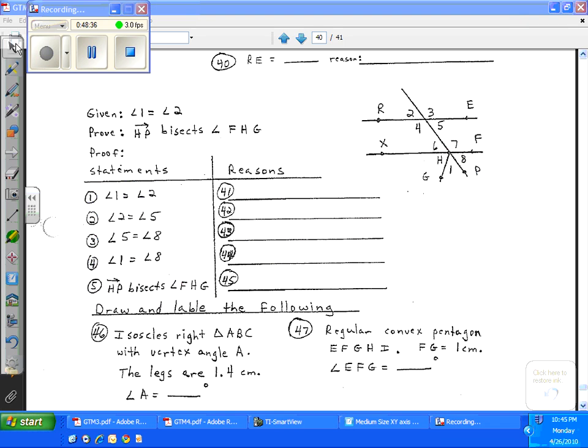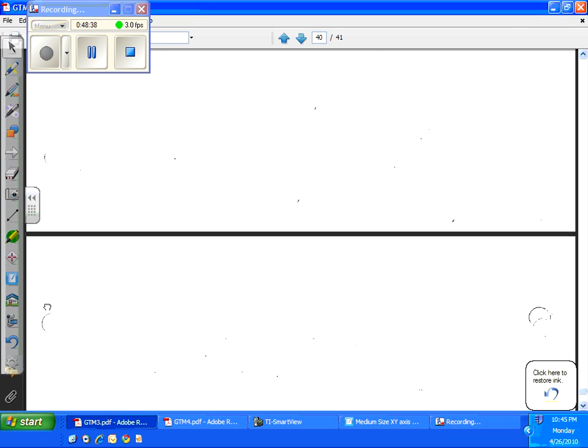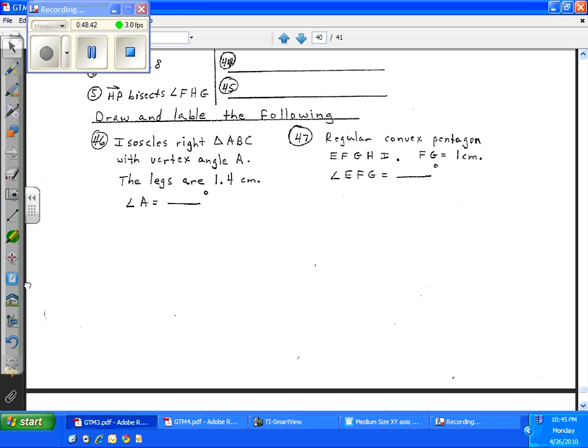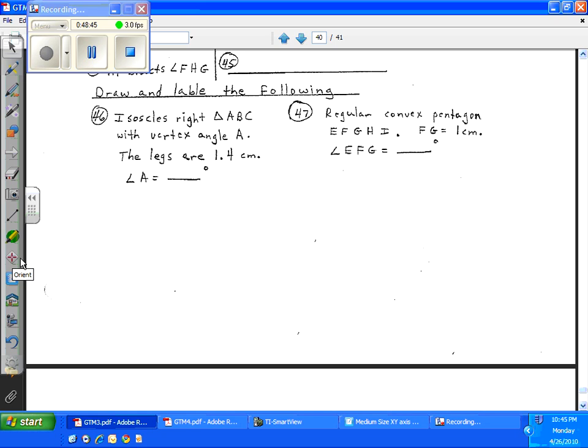Draw and label the example accurately. I'm not going to pull in drawing devices, but I will try to show you how you would get this done. You want an isosceles right triangle ABC with vertex angle at A and the legs are 1.4 centimeters.